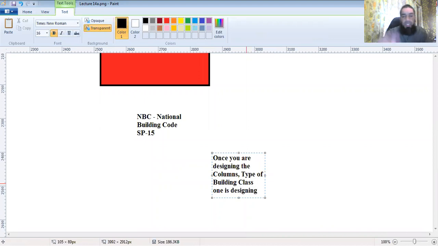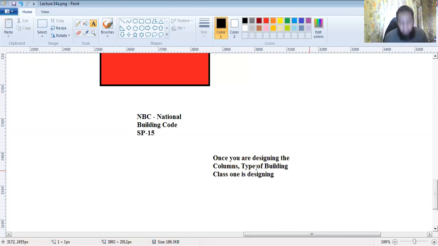There is a building class 1, 2, 3, and based on that, you have different fire ratings. There is no half-hour rating in NBC. There is a 1 hour rating, and it is up to 3 hour ratings. From 1 hour to 3 hour, fire ratings are given in the National Building Code.